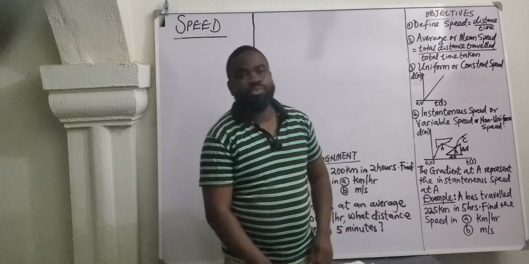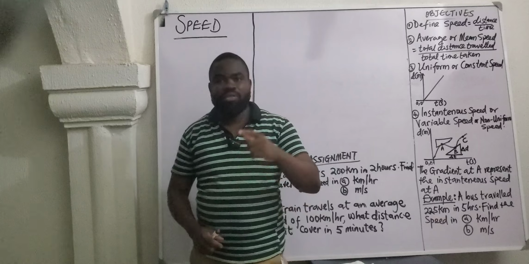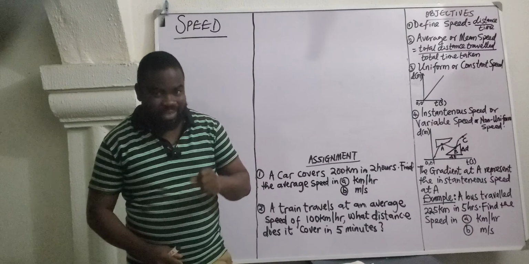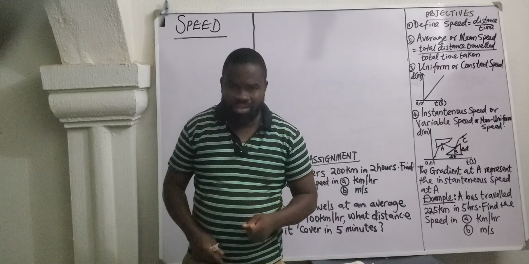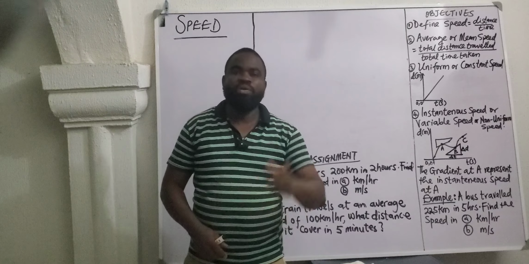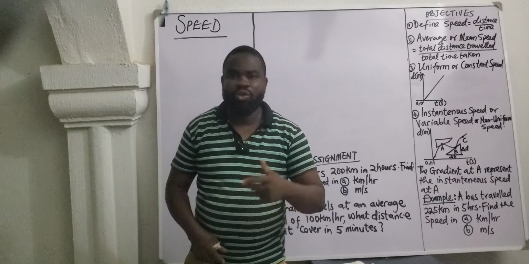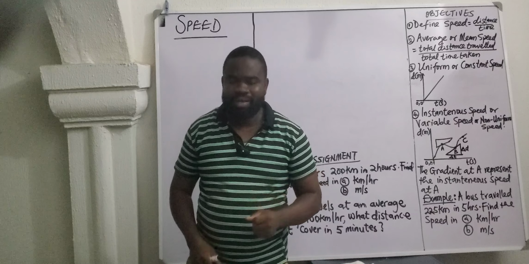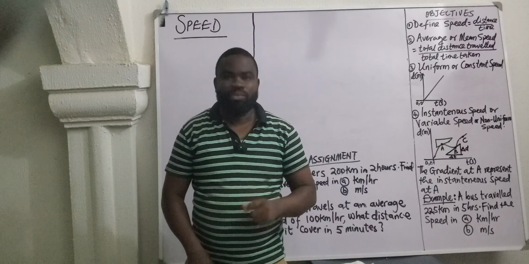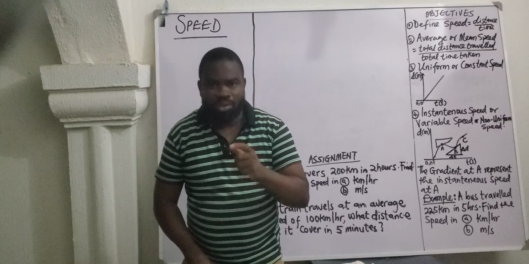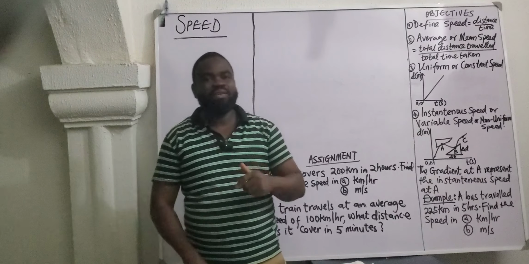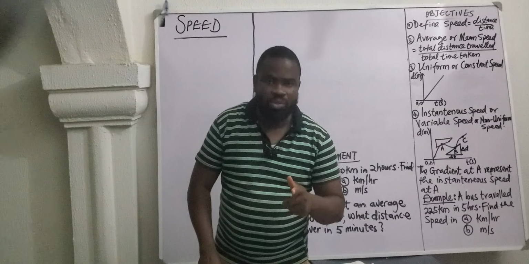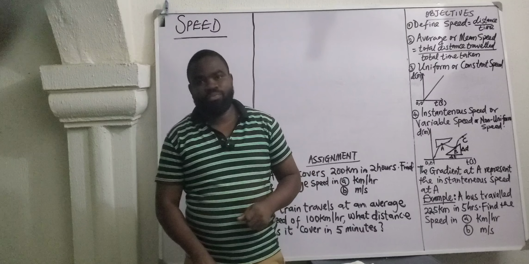Let's continue. We say that speed is defined as the time rate of change of distance, or the rate of change of distance with time. Speed is a scalar quantity. What does that mean? That speed has only magnitude but no direction.